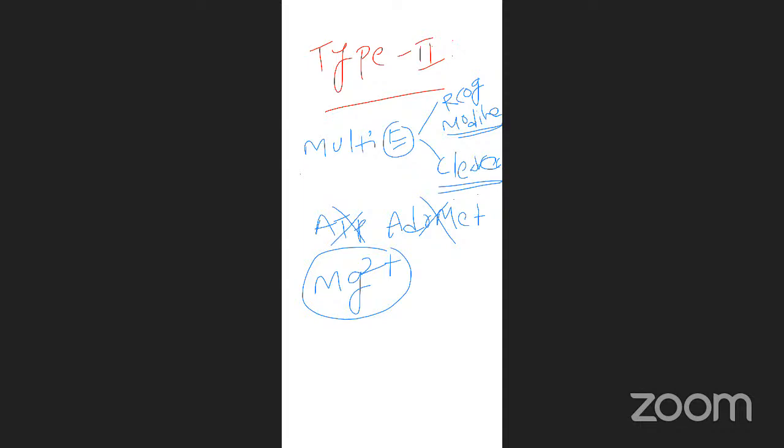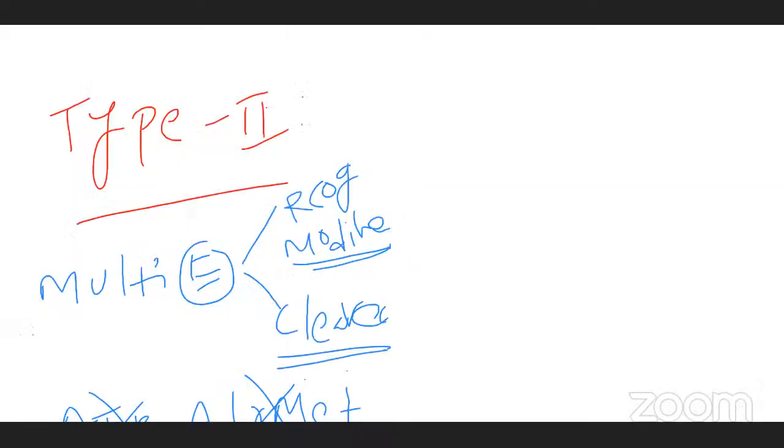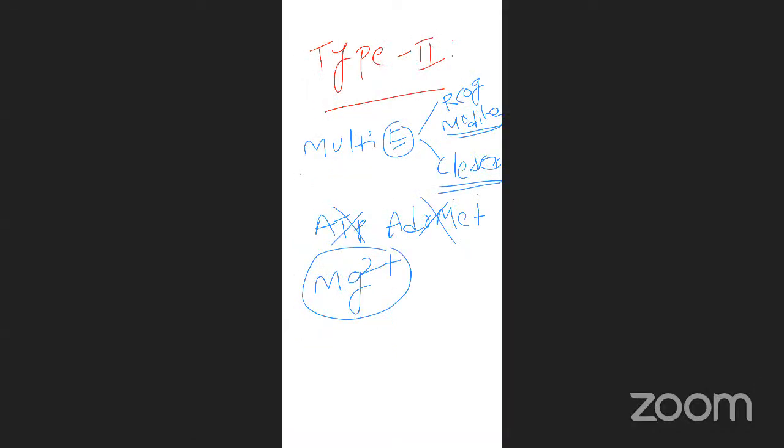In type 2 restriction endonucleases, where the recognition site is present, the cutting region is also present. That's why they don't need ATP energy. They use only magnesium ions as a cofactor, right? So the cofactor gives some energy while the cutting activity takes place.